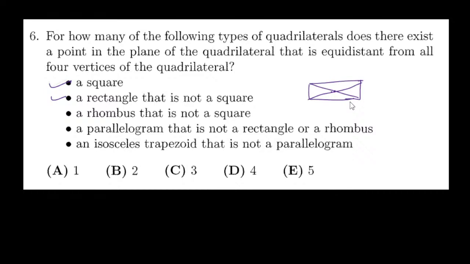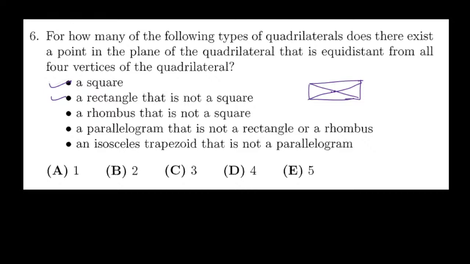So the concept is that the diagonals should be of equal length. Then and only then can we say that it is of equal distance from all the 4 vertices. In a rhombus, the diagonals are not equal. In a parallelogram that is not a rectangle or a rhombus, the diagonals are also not equal. Then an isosceles trapezium that is not a parallelogram.